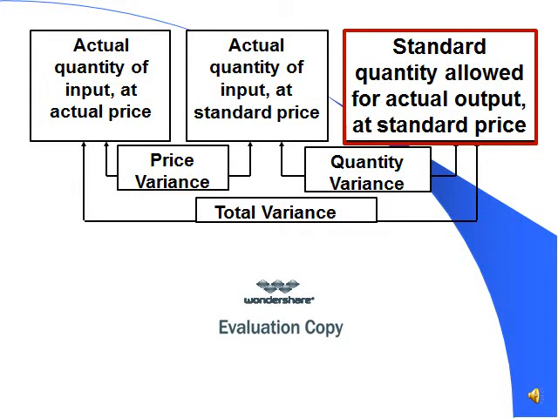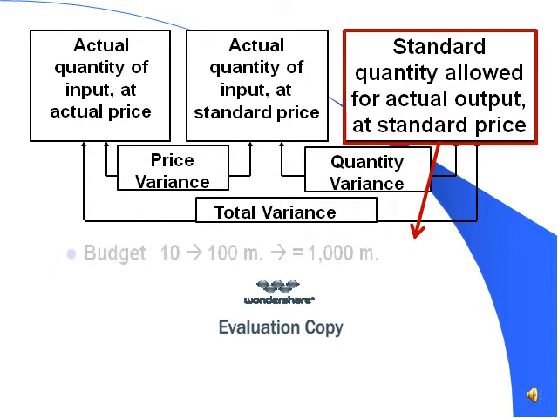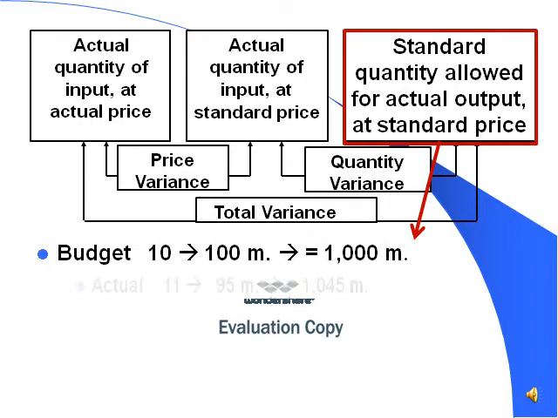What is the meaning of standard quantity allowed for actual output? And why don't I say standard quantity times standard price without allowed for actual output? For example, if a company budgets to produce 10 units, and a unit needs 100 millimeter, the budgeted quantity is 1000 millimeter.